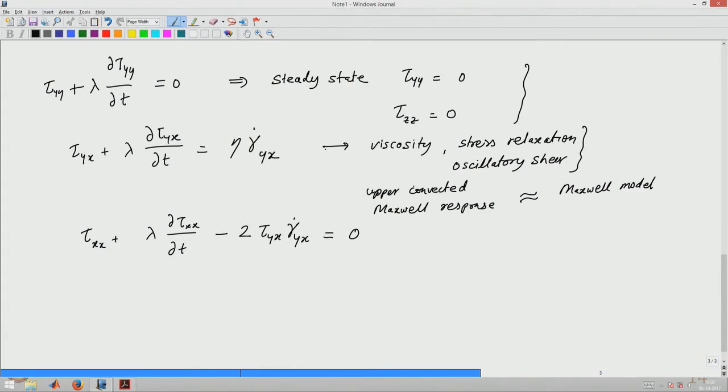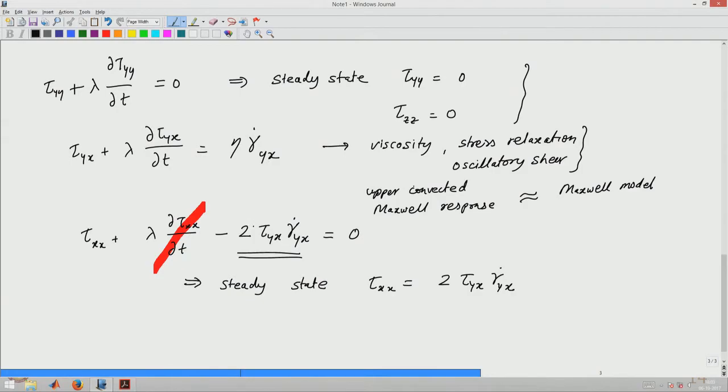Given that the right hand side is 0, these terms together get added on to each other and we get an additional term. At steady state, of course, we know that the time derivative will go to 0 and therefore tau xx is equal to 2 tau yx into gamma dot yx.